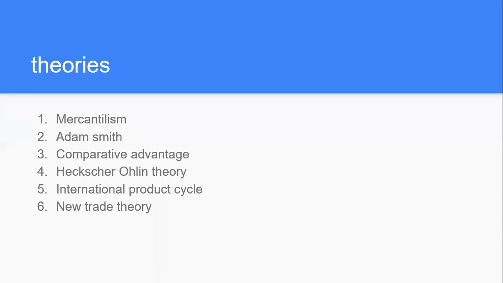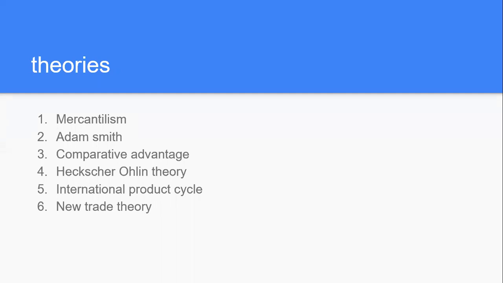Now, Adam Smith's theory states that basically a country can produce more of a given type of product from the same amount of input than other countries. According to the theory, Adam Smith argued that a country should only produce goods which it is efficient in producing, and those goods it is not efficient in producing, it should rather import.